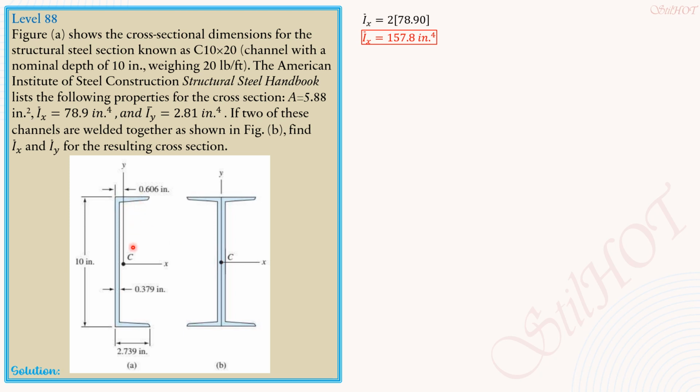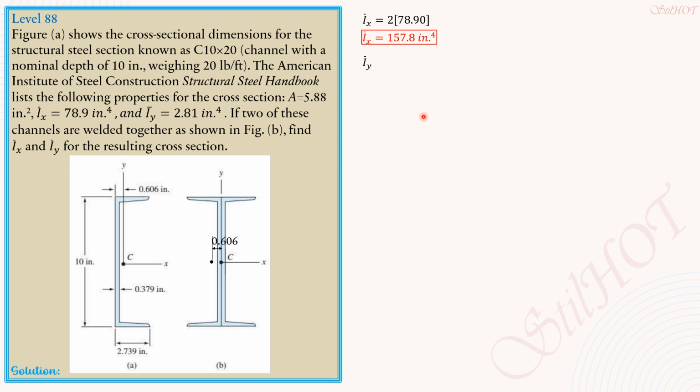So take note that the distance from the centroidal y-axis to the outermost edge of the web is 0.606 inch as shown. So therefore, I bar Y is 2 times I bar Y of the channel, which is 2.81, plus area 5.88, then distance between the centroidal axis and the y-axis, which is the centroid of the two combined sections, is 0.606, then quantity square.